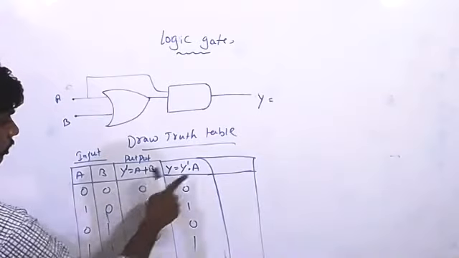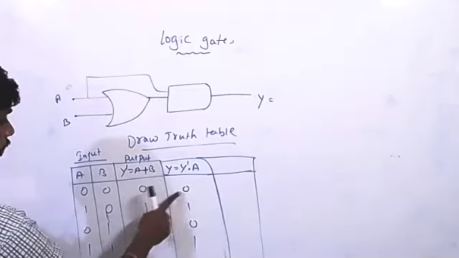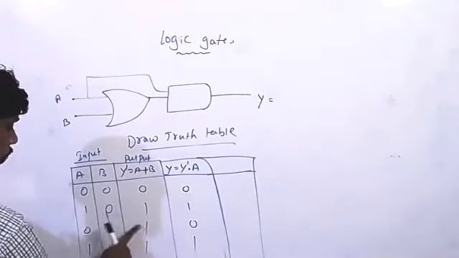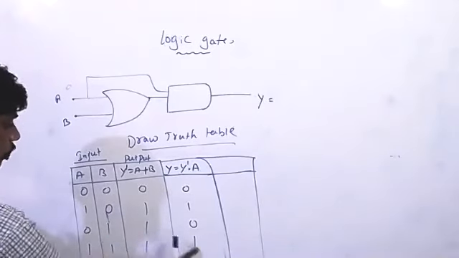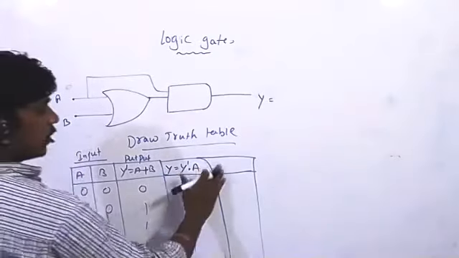Y dash is 0. Dot 1. 0 into 0, 0. 1 into 1, 1. 1 into 0, 0. 1 into 1, 1. That's what the thing that you will get output.